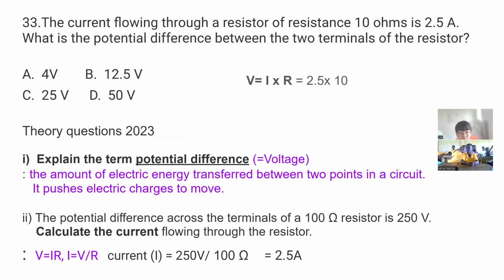Or if the voltage is given and a resistance is given, you can find the current. So always have this formula at the back of your head. I was trying to remember it.